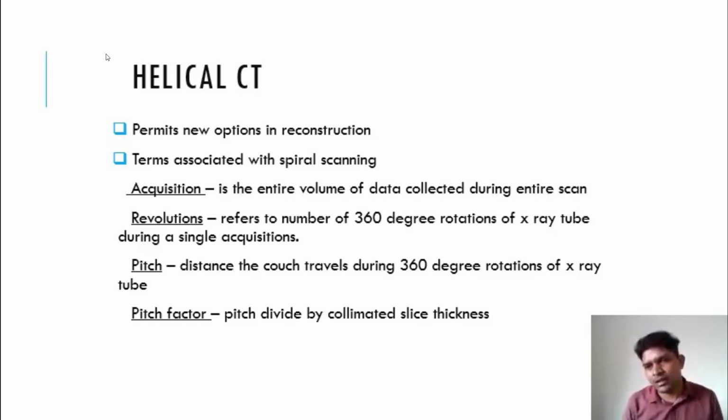That started from the third generation. Pitch is the distance the couch travels during a 360-degree rotation of the X-ray tube, which was introduced later. Pitch is one of the important factors for scan speed as well as resolution and contrast.